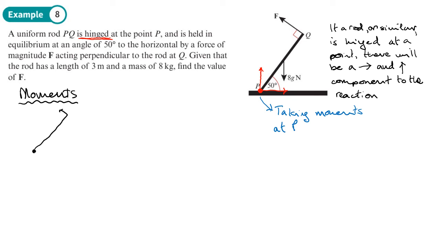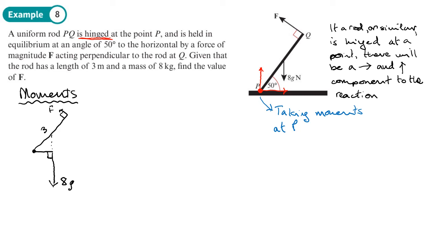So I've got a force of F. The rod is 3 meters, so I've got that force and that distance. But then I've also got this 8g going down here, and this is going to be the perpendicular distance. This bit here, that's the bit I'm interested in.